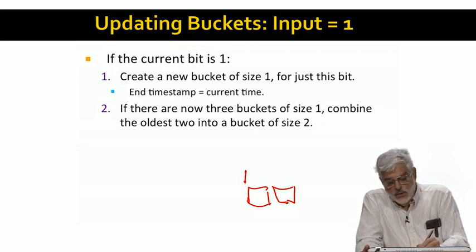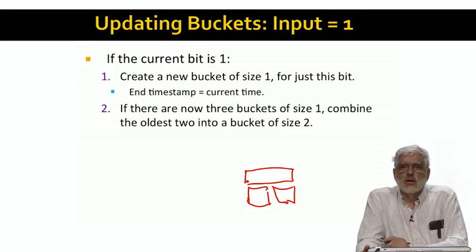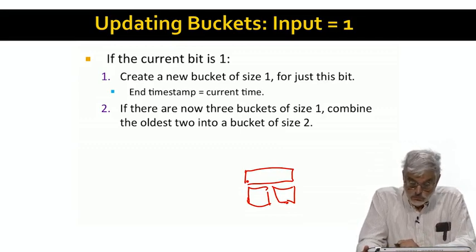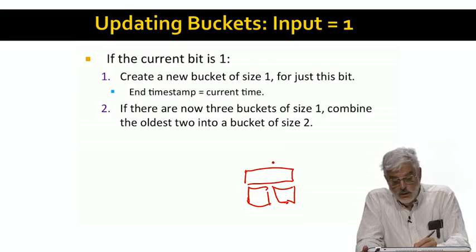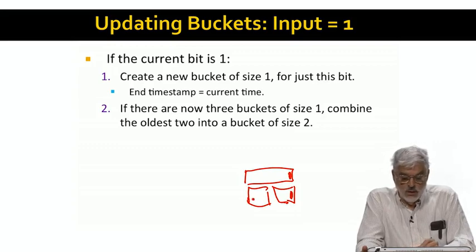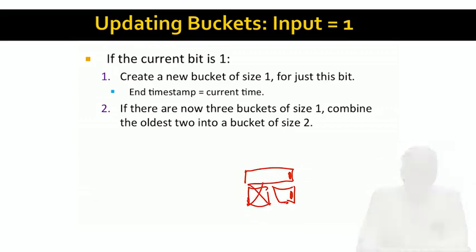We combine them into 1 bucket of size 2 to the x plus 1 by simply giving this bucket this ending time, copying it from here, and adding 1 to the size exponent, which essentially says the size is doubled, and then we just make the other one go away.